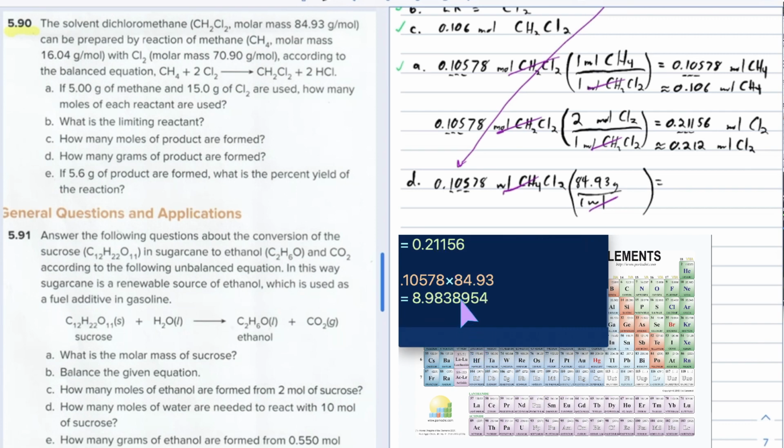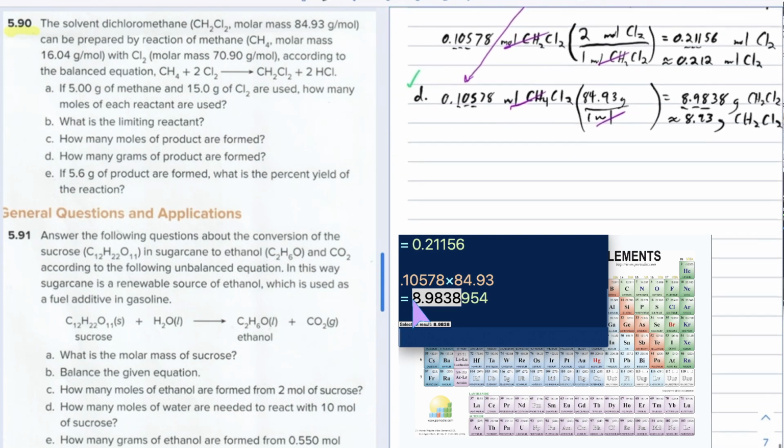And that gets us 8.9838 grams of the product, CH2Cl2. This will be a 3 sig fig result. So 8.98 grams of CH2Cl2. So that's the answer for D.